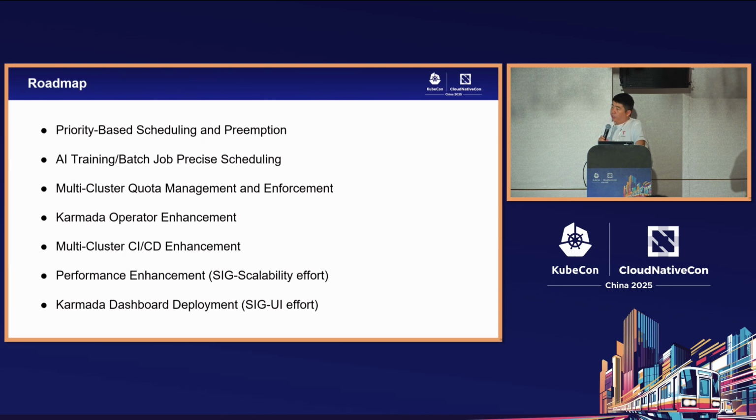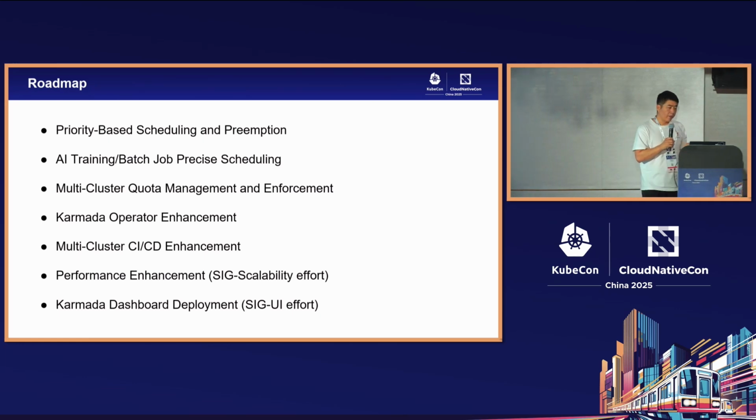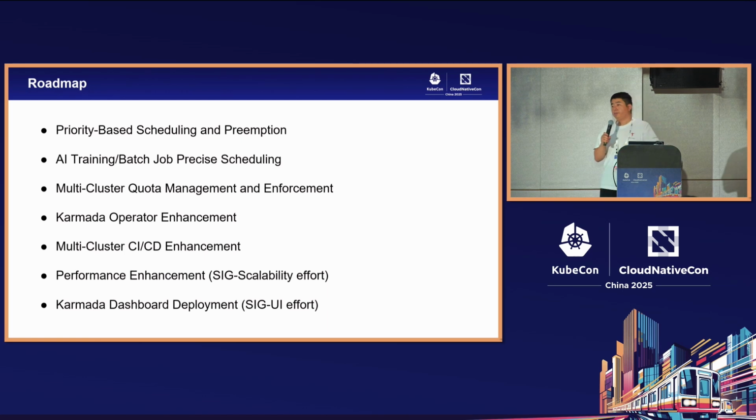This feature is very important for AI training scenarios, where they want critical applications to be scheduled first and immediately. For AI training batch job scheduling, we have another feature we want to do: grabbing the job resource requirement from the configuration. For now, we have a workaround for those applications.